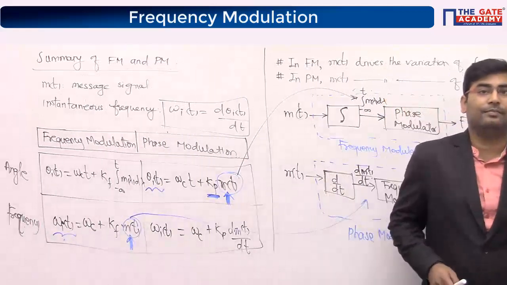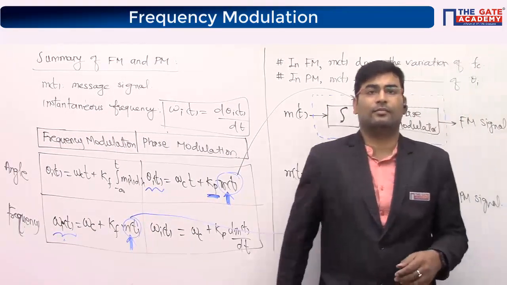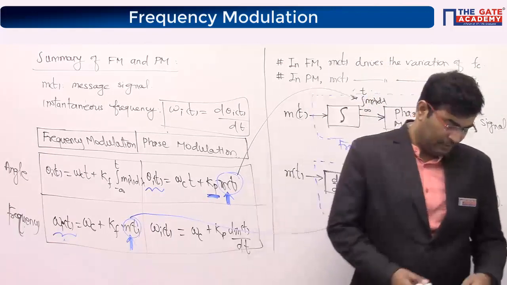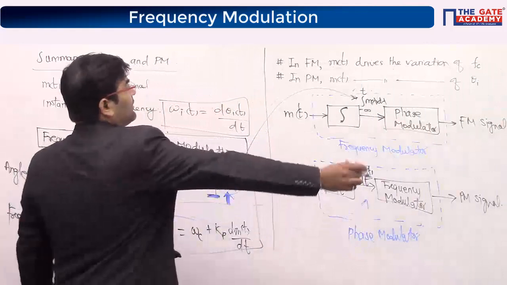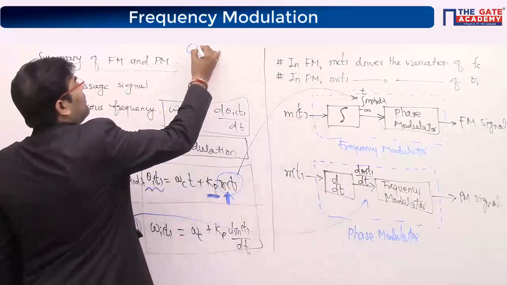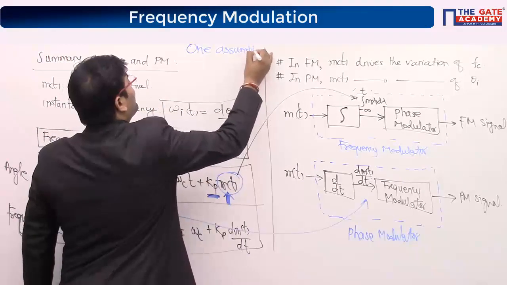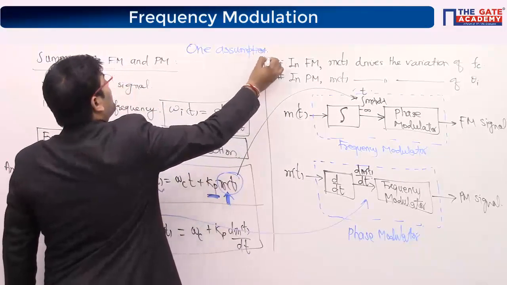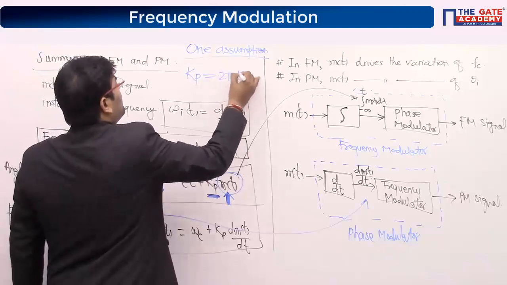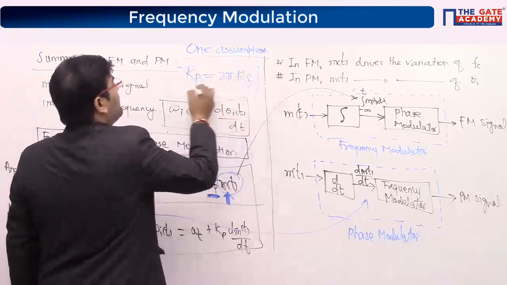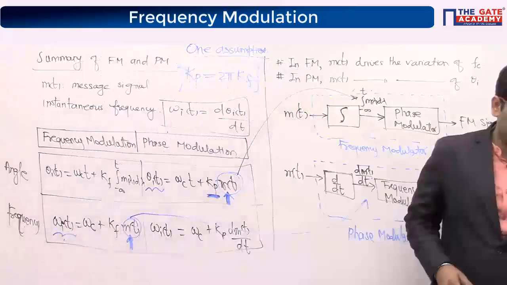Yes or no? So that is one assumption, and what is that? K p has to be equal to 2 pi k f. Then you will get an FM signal from the phase modulator.